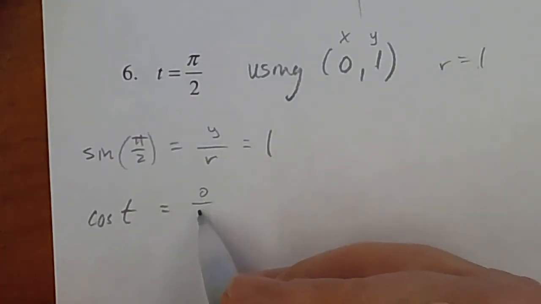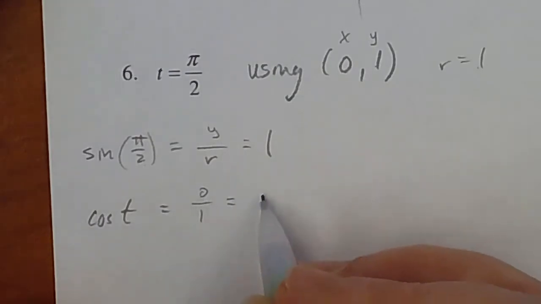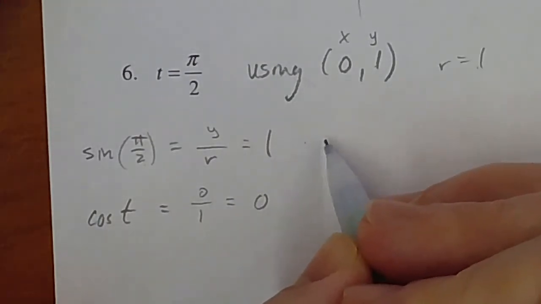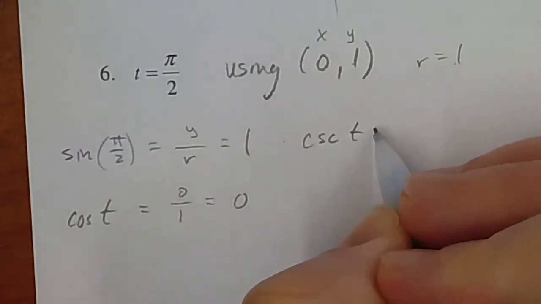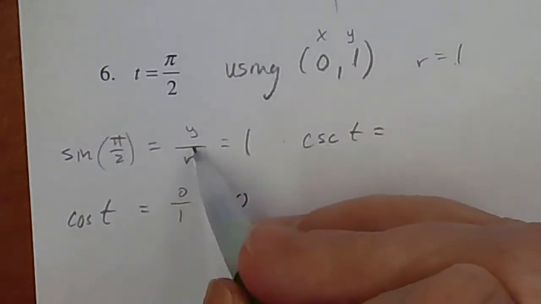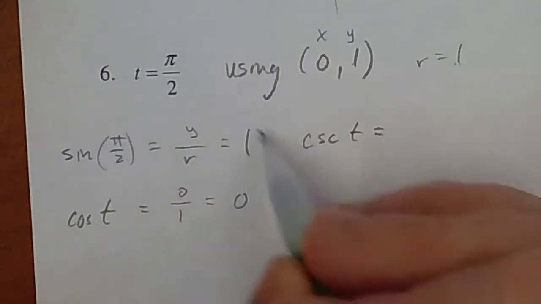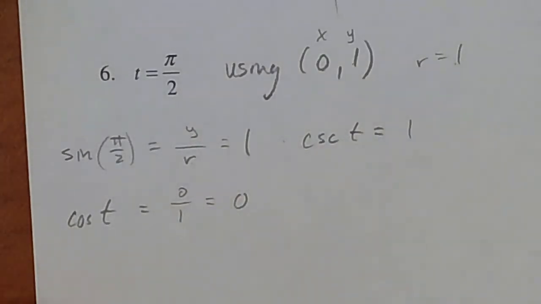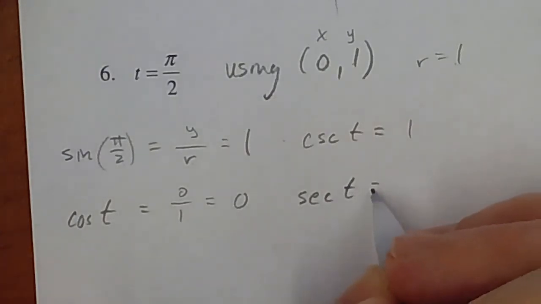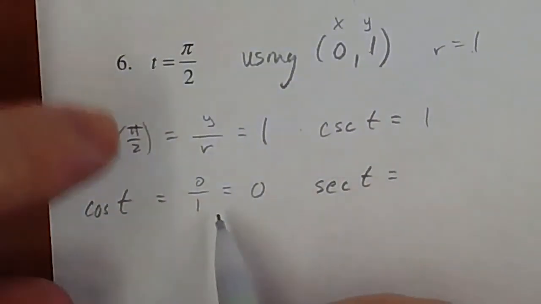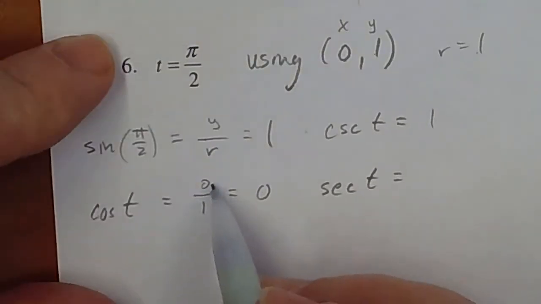Let's go ahead and do the reciprocals as well. So 0 over 1 reduces to 0. The cosecant is r over y by definition, but all we've got to do is take the reciprocal of 1 and we get 1. Secant of angle t, so I've got to take 0 over 1 and flip that over.